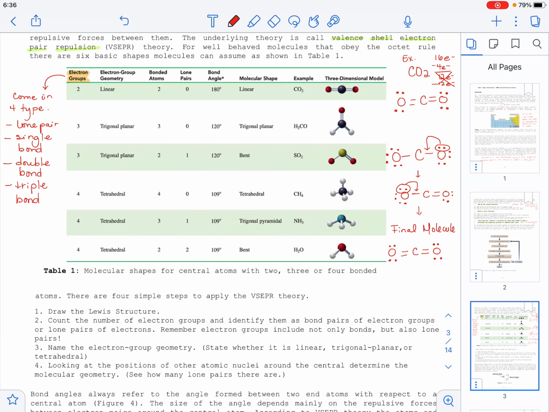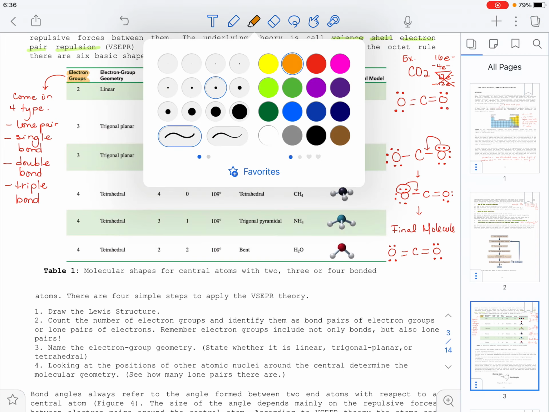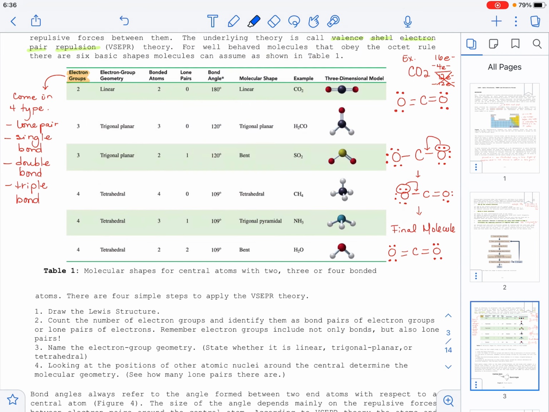Now, if I count those 16 electrons, because I want to illustrate it for those students that are still practicing, we have 2, 4, 6, 8, 10, 12, 14, 16. Those are my 16 electrons in the system.